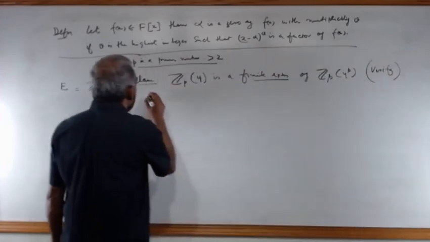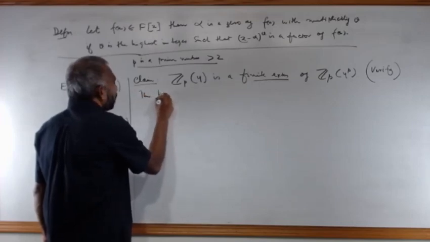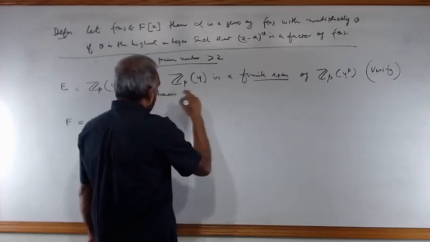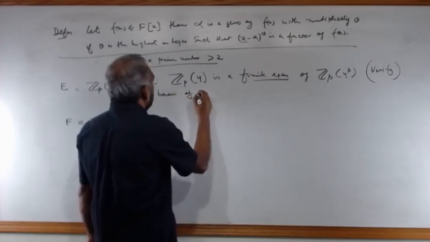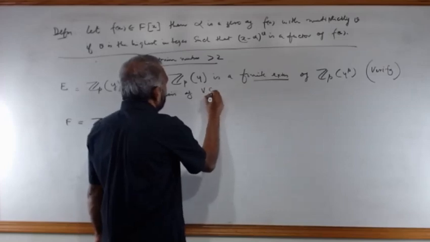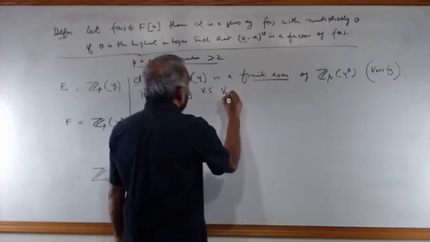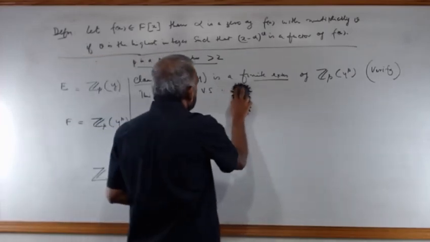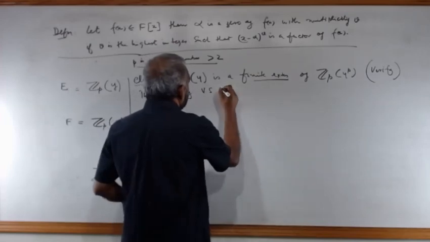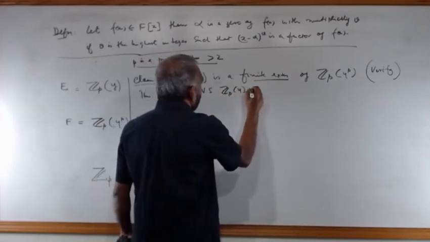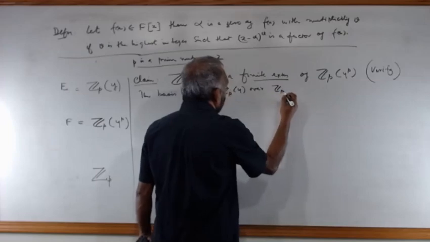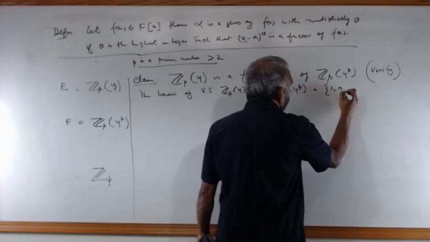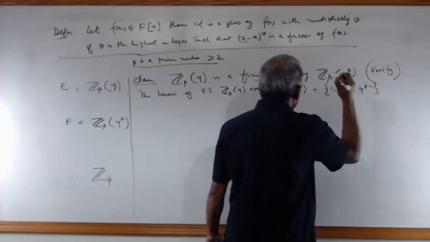In fact, the basis of the vector space Z_p(y) over Z_p(y^p) is 1, y, y squared, up to y to the power of p minus 1.